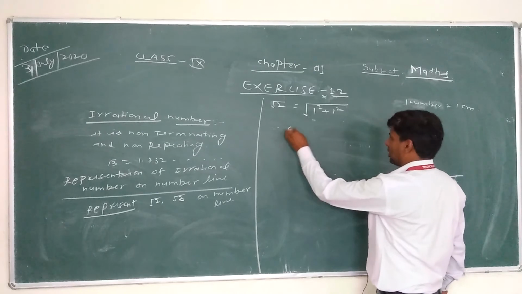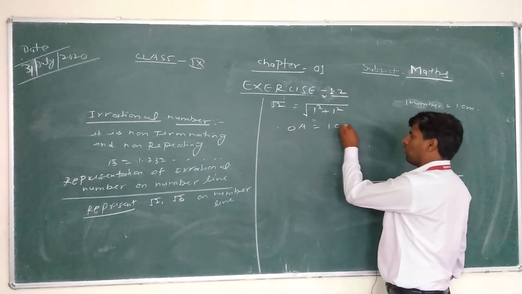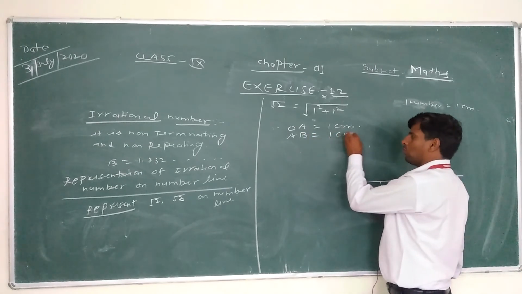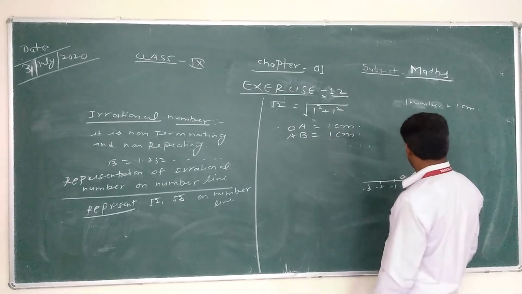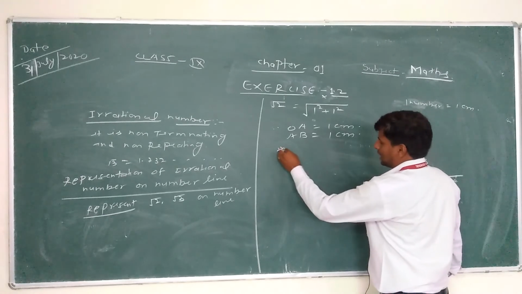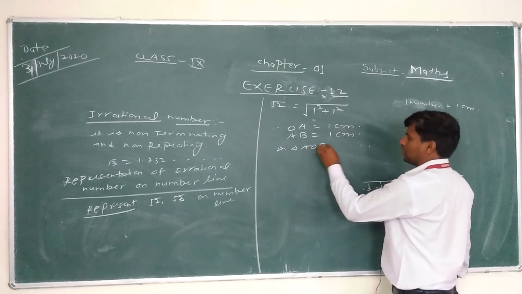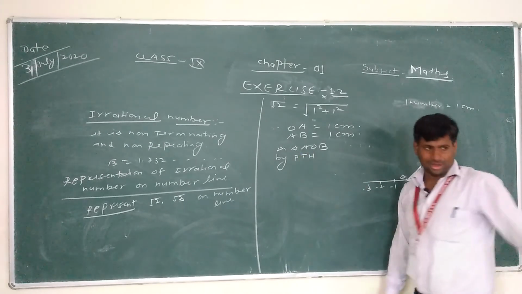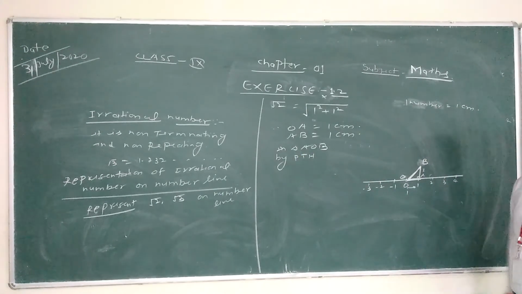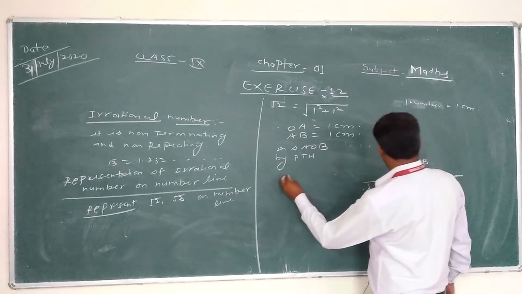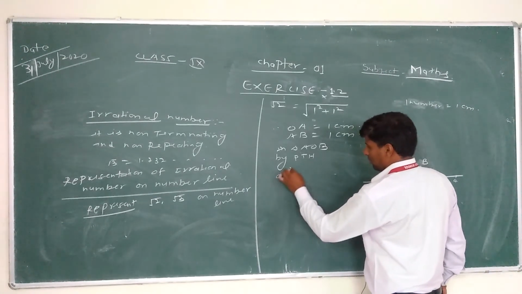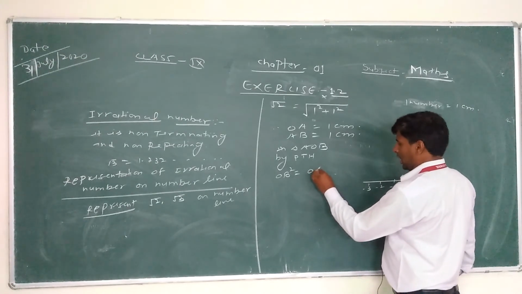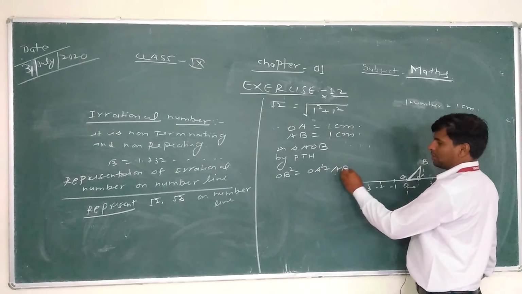OA is given 1 centimeter, AB is given 1 centimeter. So in triangle AOB by using Pythagoras theorem, hypotenuse means OB square equal to OA square plus AB square.